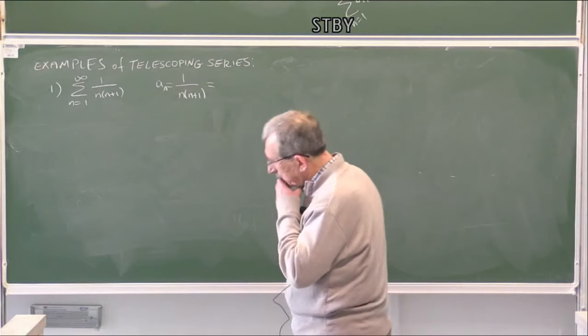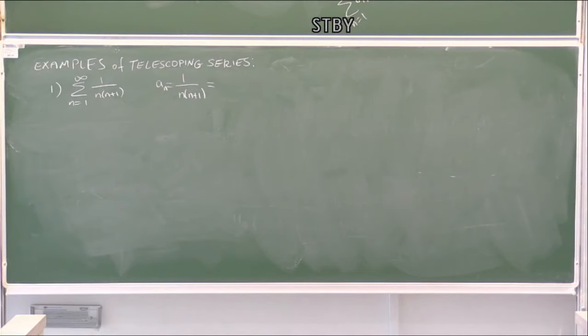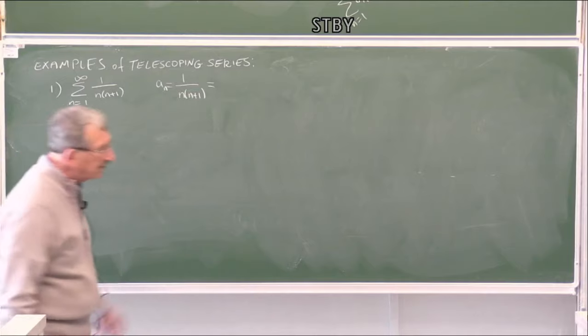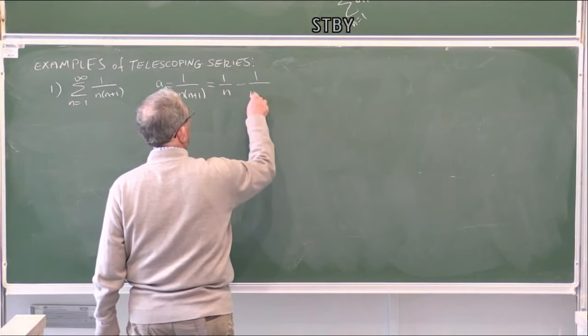Of course, you will recall that in integration techniques, we had a partial fraction method, so we can divide this into partial fractions. That's a trivial matter. This is nothing but 1 over n minus 1 over n plus 1.